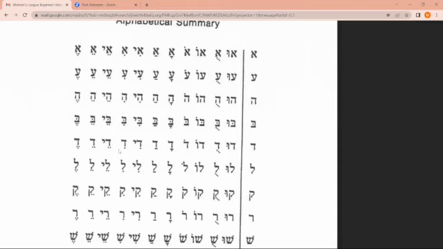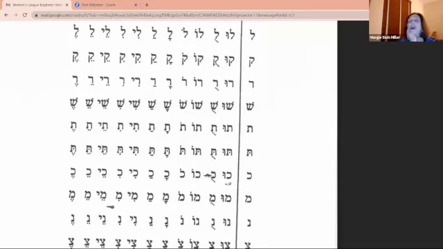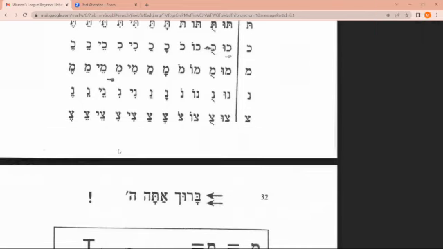Lamed, Kuf, good. Resh, Shin, good. Tav, his twin brother Tav, fraternal twins. Mem, Nun, Tzadi. Right.